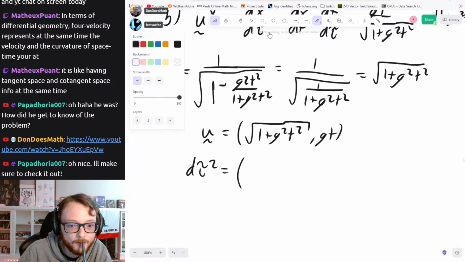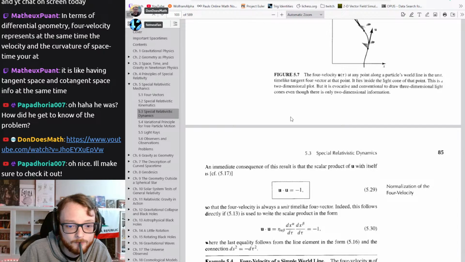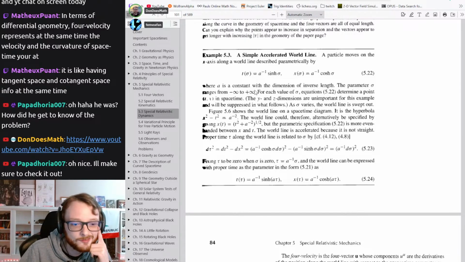We could check as a little check. Oh no, we need it in tau for it to be normalized, probably. It'll be annoying if we can't just directly. Maybe we do need it in position.